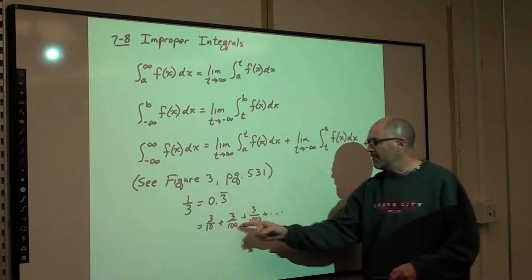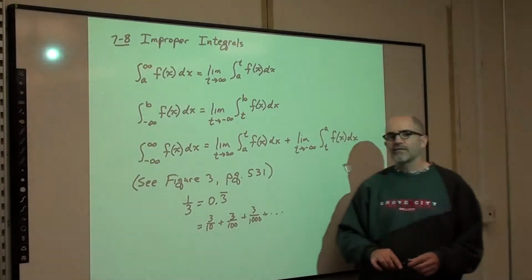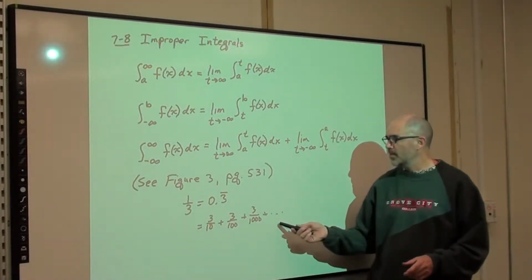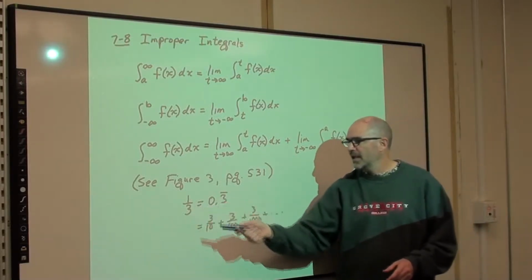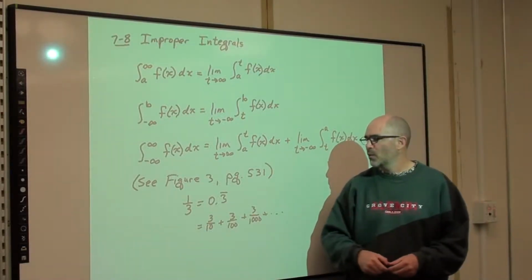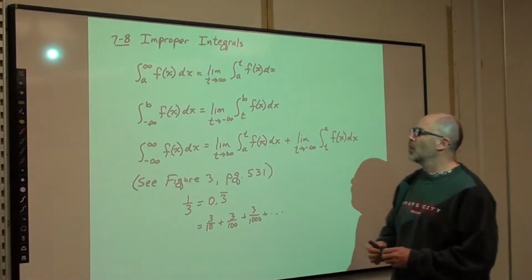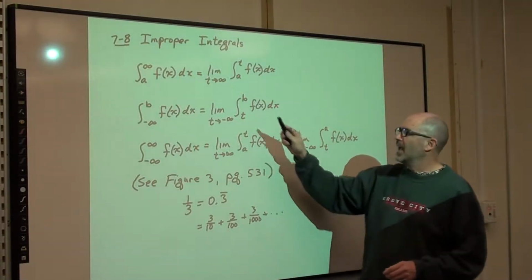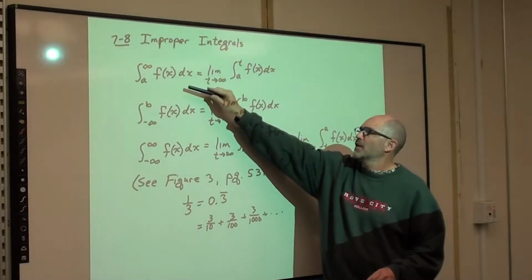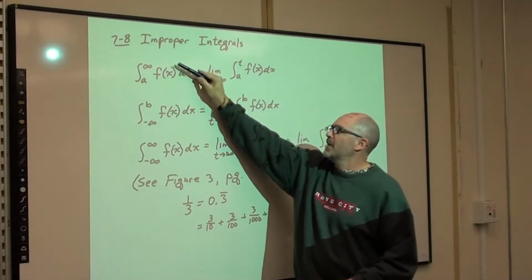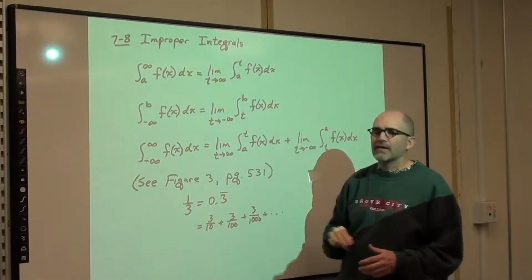So even though we have an infinite number of values that we're counting up, it equals a finite value, 1/3. So there really is no problem with having a limit or an integral to infinity that's going to end up being a finite value.